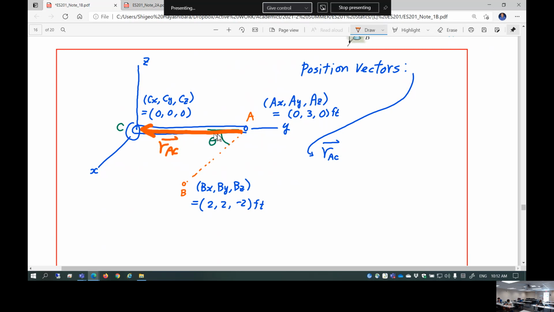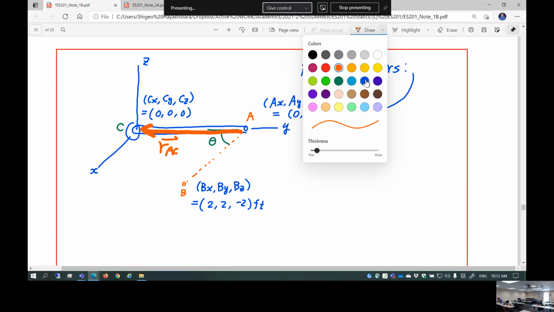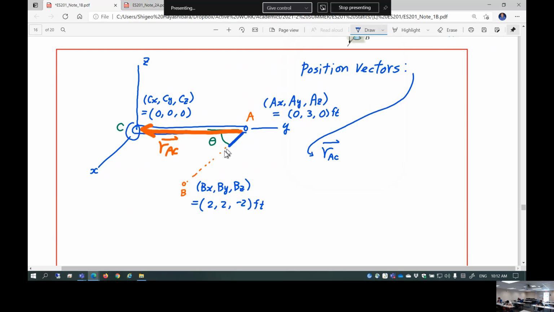Why is that? Because this is a position vector from A to C. That's why it's called AC. What about position vector AB?